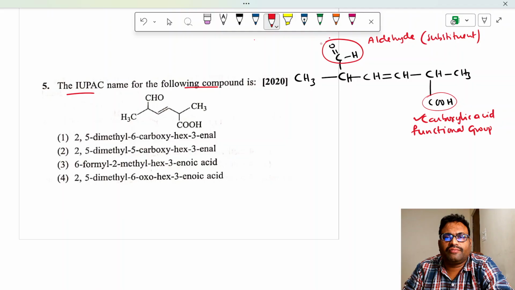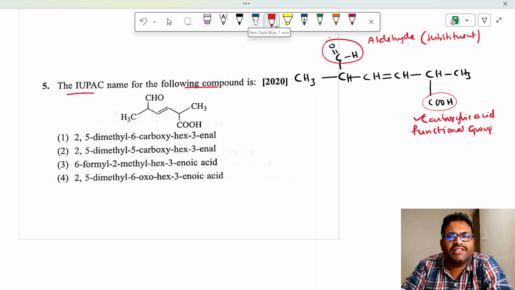And when you are numbering after selecting the parent chain, if the functional group contains carbon, then you have to start giving numbers from that carbon atom of the functional group. Okay, so let us number.